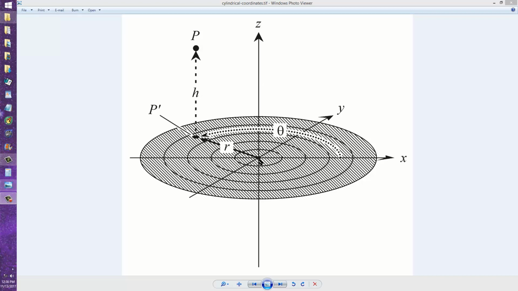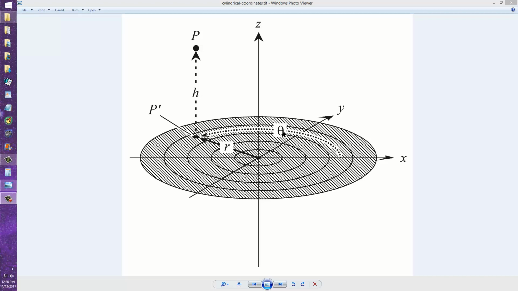Based at the same origin, theta equals 0, r equals 0, h equals 0, but then you go out by a radius r, counterclockwise in the xy plane by an angle theta, and then up by a height h.